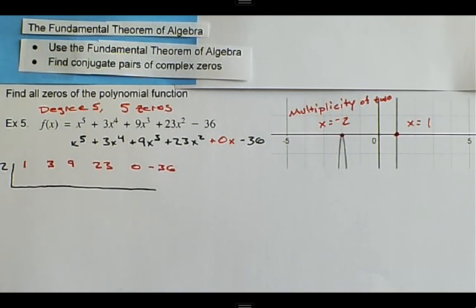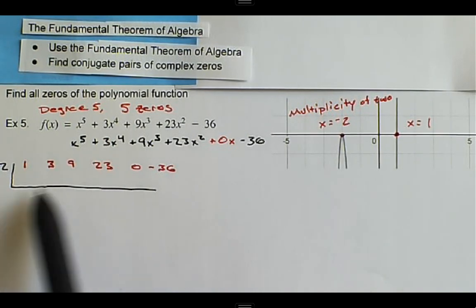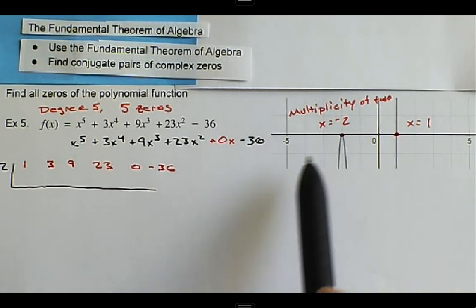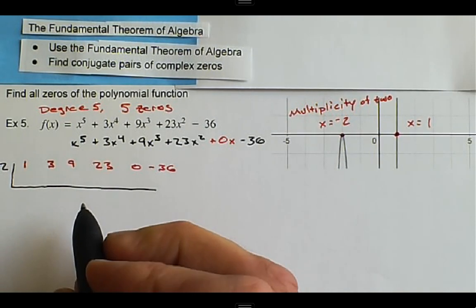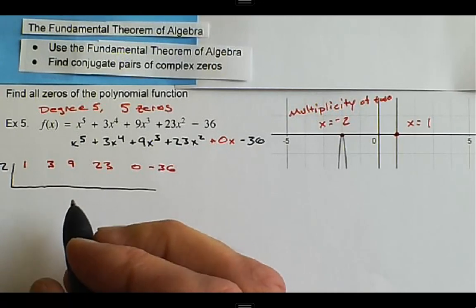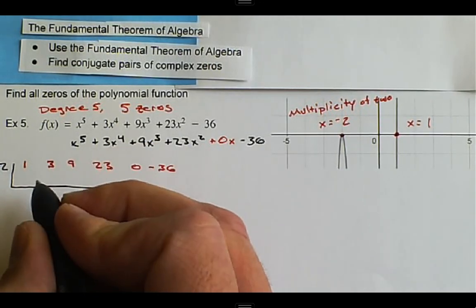And the reason that we have to do this is because we have to take these known real factors out, so then we can use our quadratic formula to figure out exactly what our other 2 imaginary solutions will be. So we're going to add down and multiply in the diagonal.